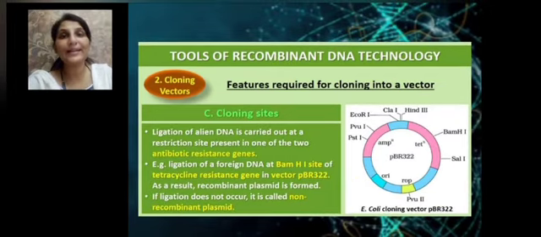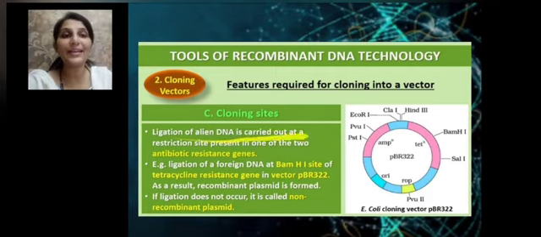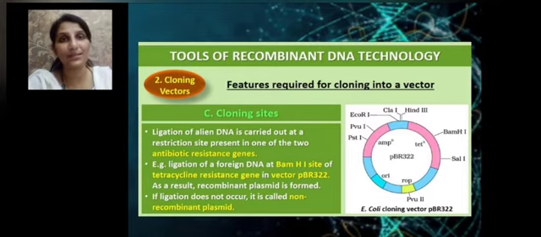So the cloning site is a site where a foreign DNA has to be linked, and this is nothing but the recognition site for the restriction enzyme to cut. So ligation of the alien DNA is carried out at a restriction site which is present in one of the antibiotic resistant genes, that is, the selectable markers. What is the importance of selectable markers? It helps to distinguish the transformants from the non-transformants. Is it clear?